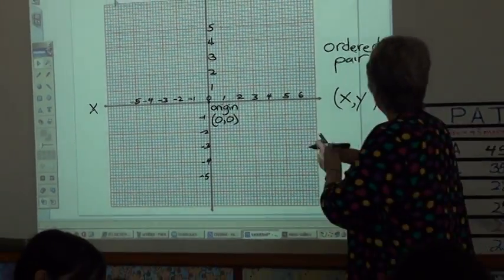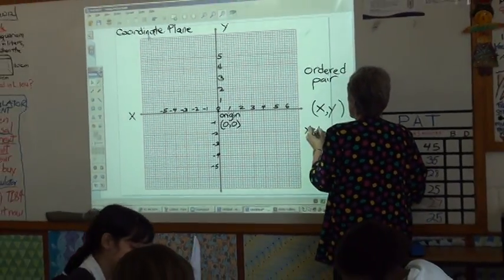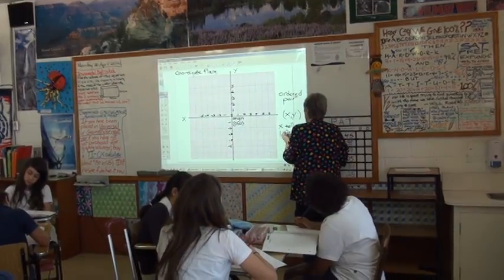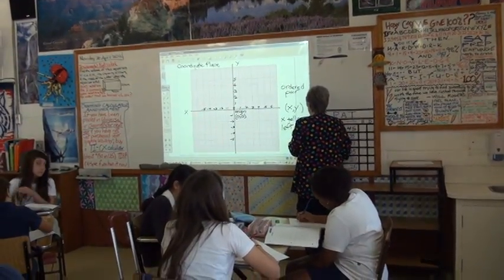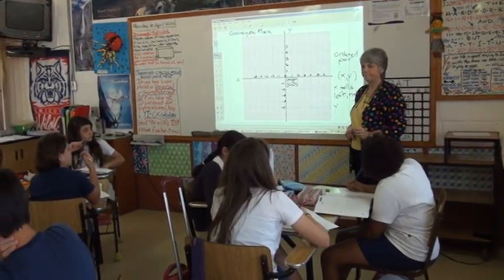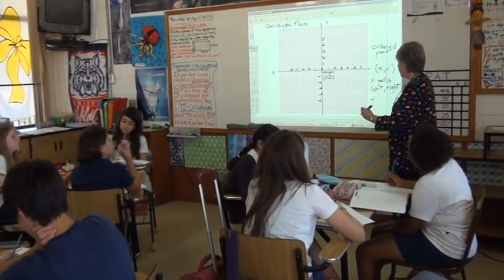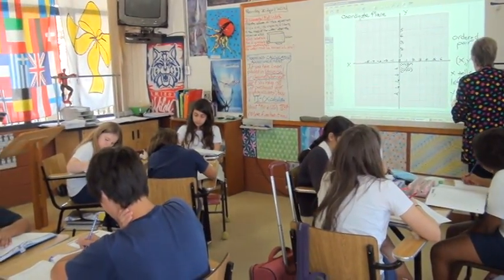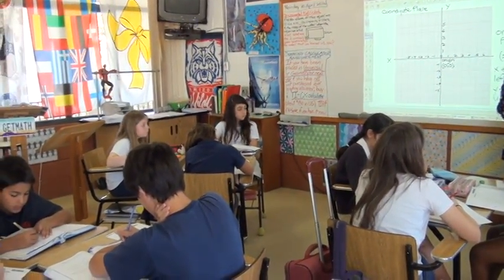And the x tells you left, right movement. So what's the y going to tell us? Up, down. Very good. So the y is going to tell us up or down.